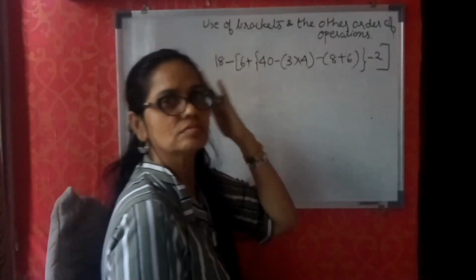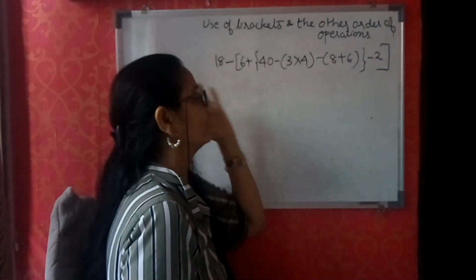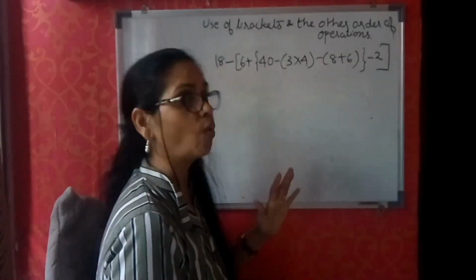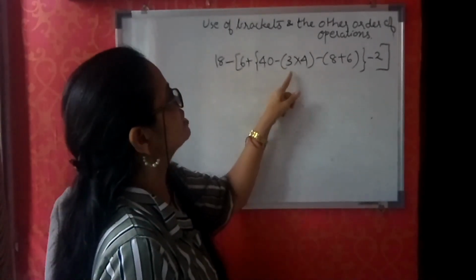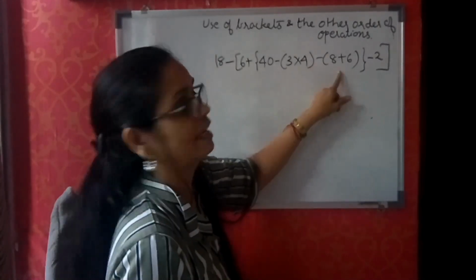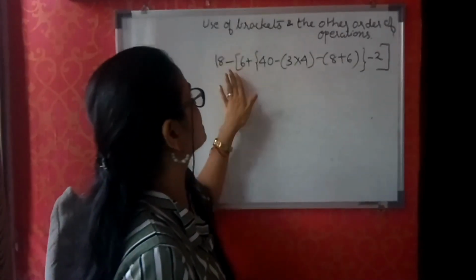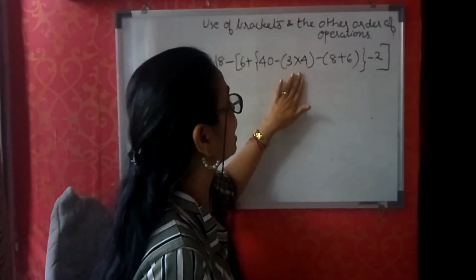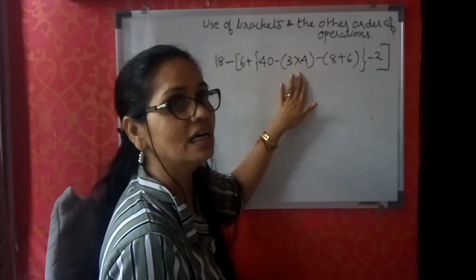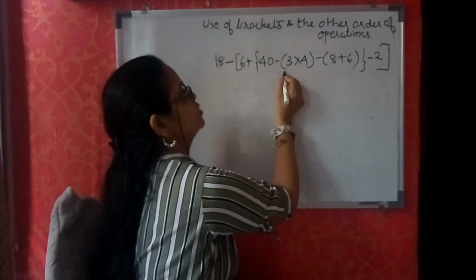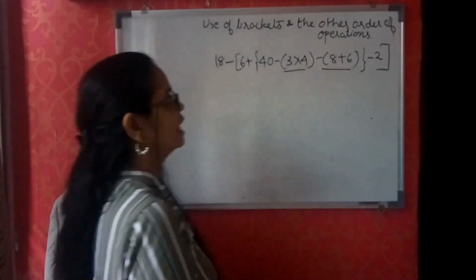Now, oh my god, such a big sum? No, it's very easy. What I told you, first you solve the inner bracket. Inner bracket means square, then curly, then round. There is no bar bracket, so we solve the round bracket. These two are round brackets, right?